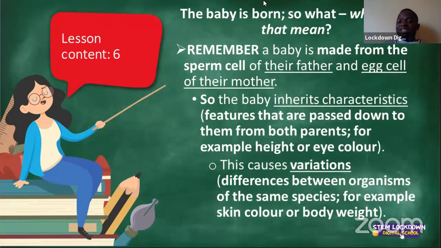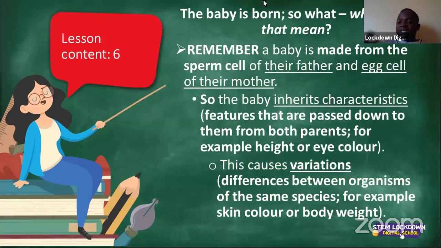So characteristics are nothing else but features. So what are these features? The features, as I've alluded to prior, would be the nose that you have. My nose is flat like this, ladies and gentlemen, because of my grandmother who passed on, may her soul rest in peace. She had a very flat nose. So that's how I know. And obviously, from my mother, that's how I then inherited this nose. But my dark color comes from my father.